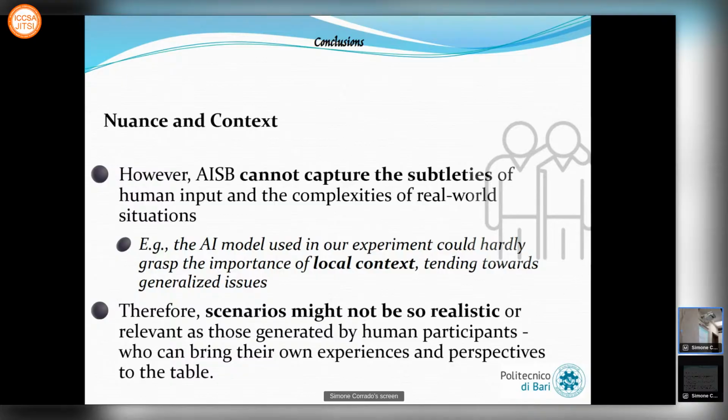Scenarios can be very general and not very realistic. Sometimes they tend to imagine a context that realistically people cannot implement. For example, we had another experience in another town, and in that town, the plan had been already almost finished.